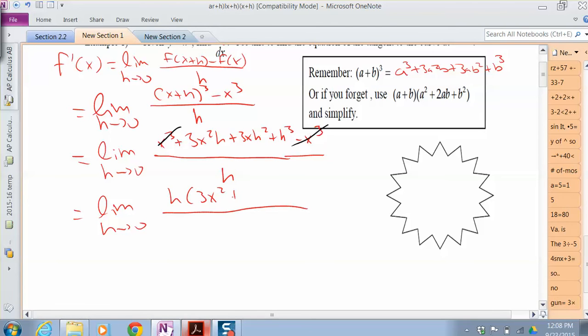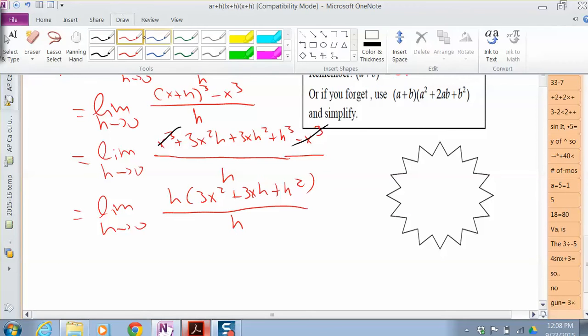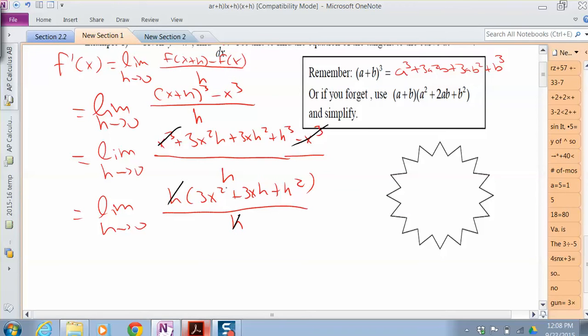And now I think we're rolling here because those h's cancel as well. Because those h's cancel, now I have the opportunity to plug in 0 for h, and I simply just get 3x squared.